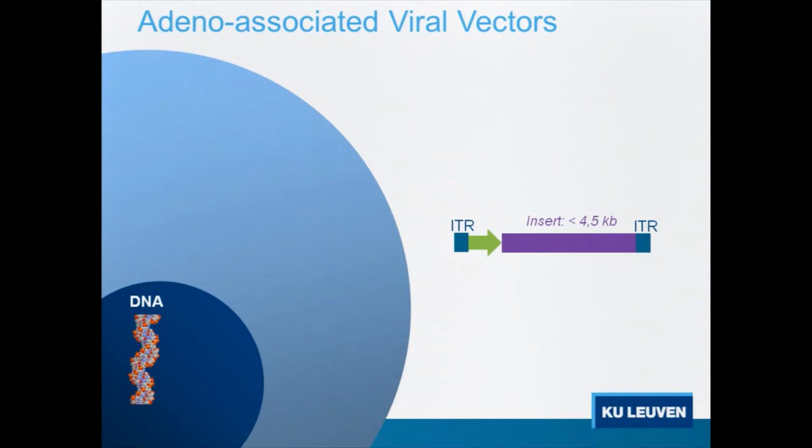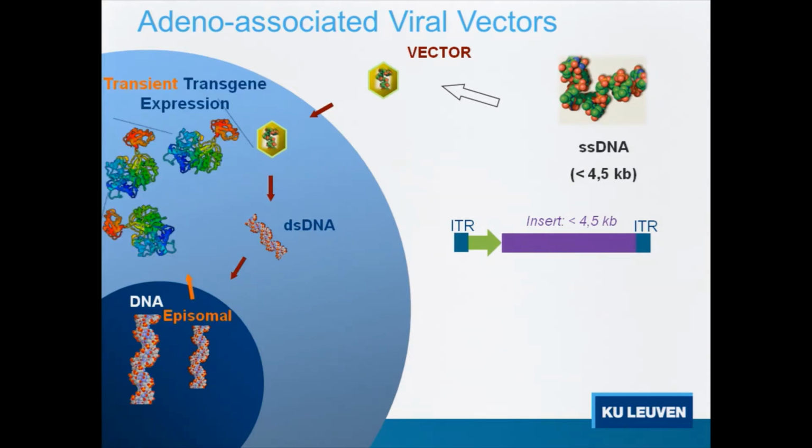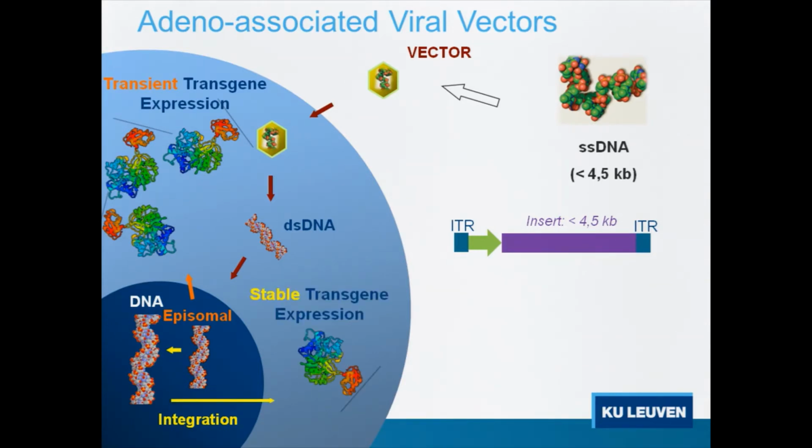I then move on to adeno-associated viral vectors. These are also DNA-based vectors, but these can only carry a much smaller payload. It needs to be smaller than 4.5 kilobases, so almost 10 times as small as for the adenoviral vectors. It's a single-stranded DNA vector, and so these DNAs will go to the nucleus, and there they can either stay episomal and lead to transgene expression, but they can also integrate typically on chromosome 19, and they can thus lead to long-term stable gene expression.